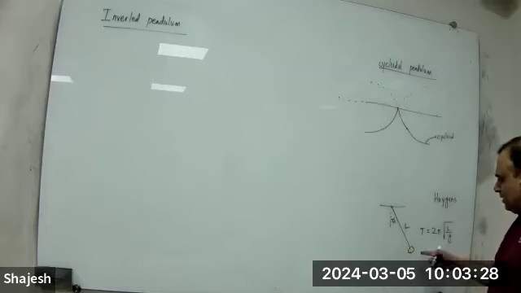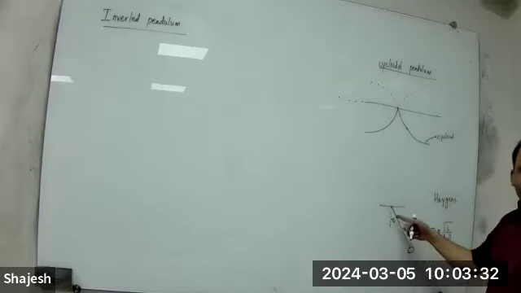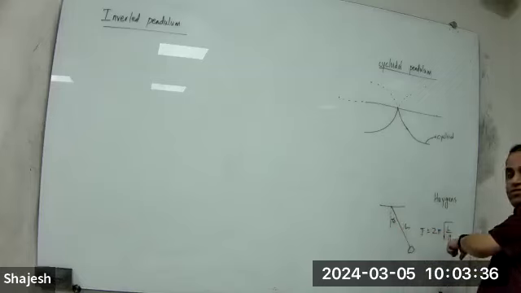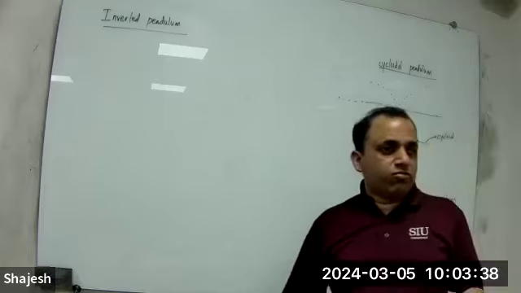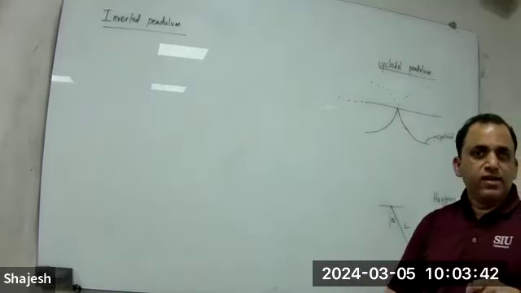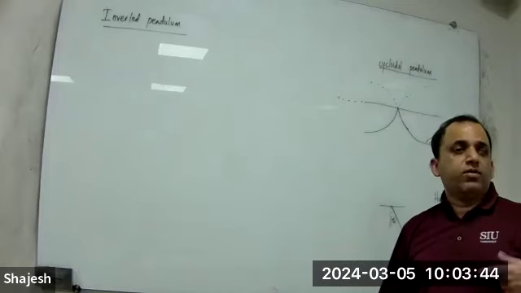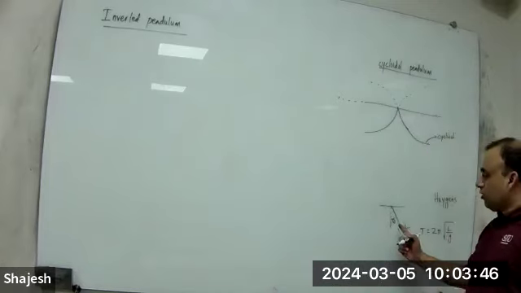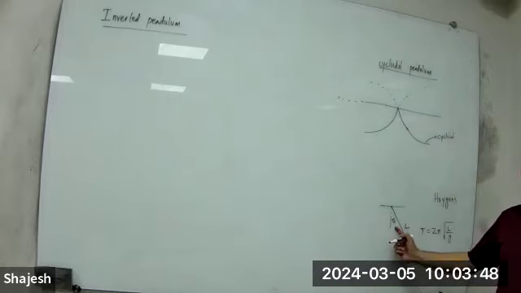His idea was, can I change the length of the pendulum in such a way that it compensates for the correction made for a small angle? So change the length of the pendulum as it is oscillating in such a way that it compensates for the contribution from the large angle.